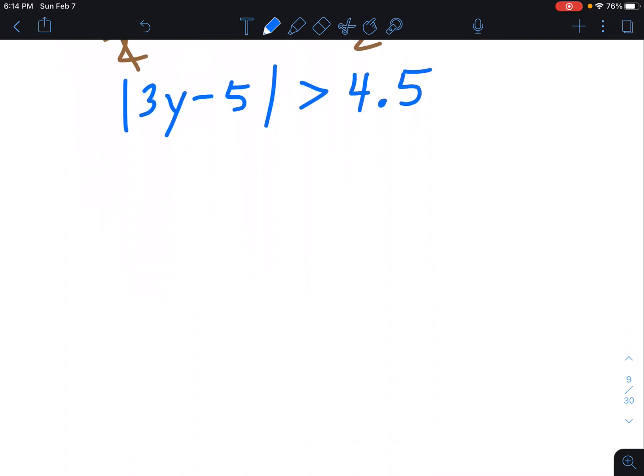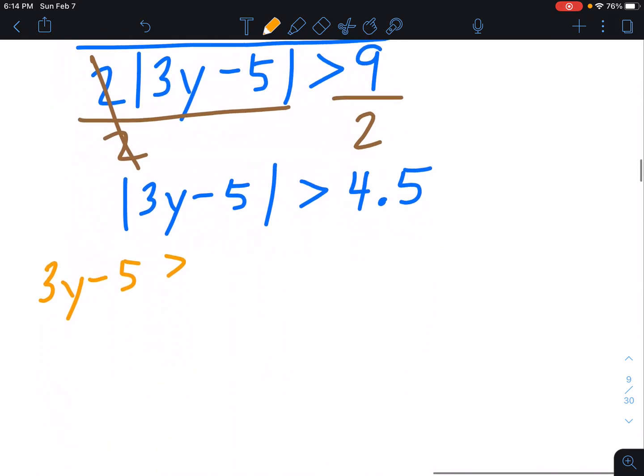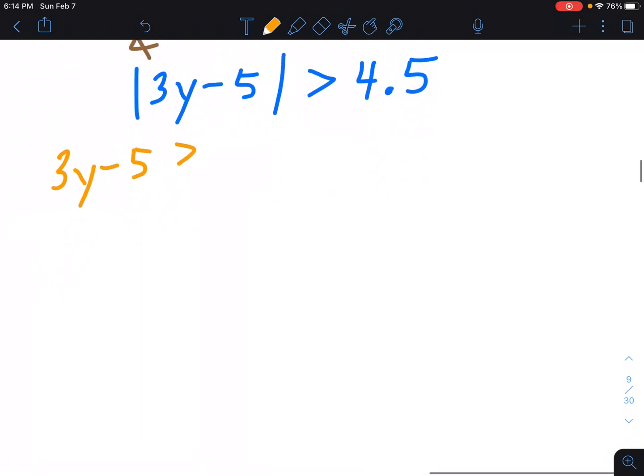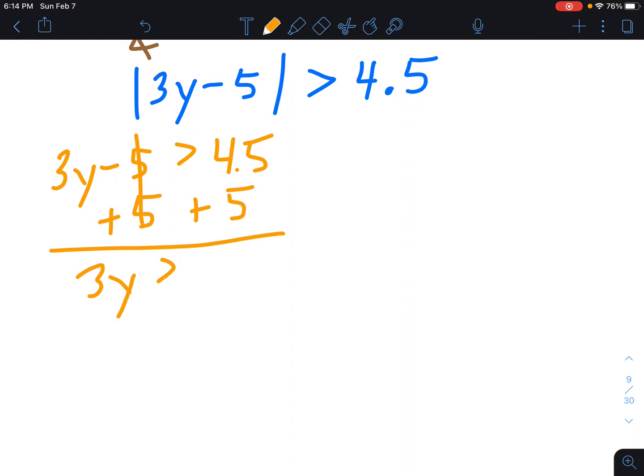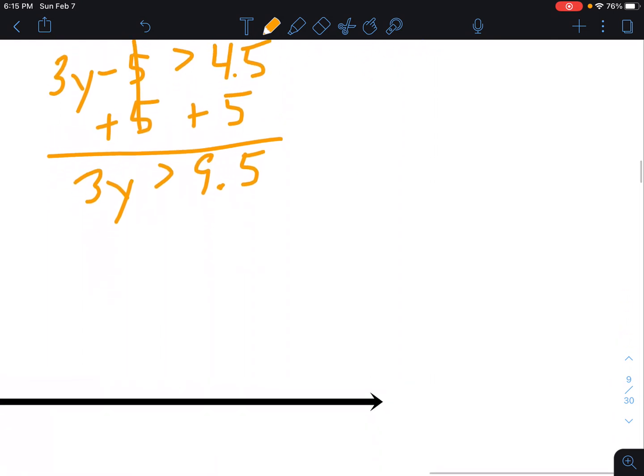Now I can split into my two problems. The first one, just get rid of the absolute value and solve. I'm going to add 5 to both sides. Okay, next thing I'm going to do is divide by 3. Bear with me here.